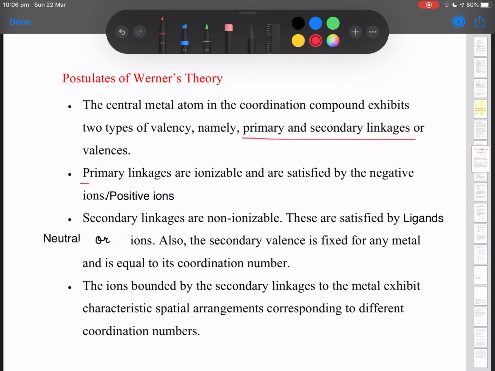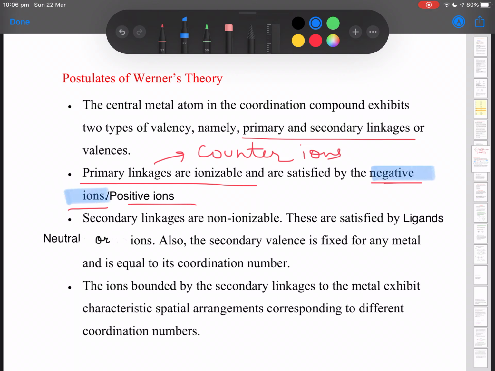I also mentioned that primary valencies are basically ionizable. That means they behave as your counter ions, the term which we have already understood in the previous video. And they are usually satisfied by negative ions, but it could be positive ions as well. But in this example, he did not talk about positive ions. He was only emphasizing negative ions, because his experiment was only based on chloride, right?